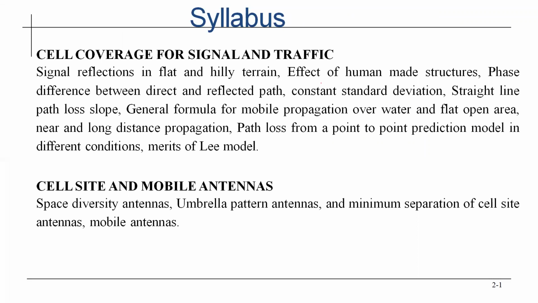This was the syllabus, cell coverage for signal traffic. In our syllabus, which is the second part of the third chapter, cell coverage for signal traffic: effect of human structures, phase difference between direct and reflected paths.